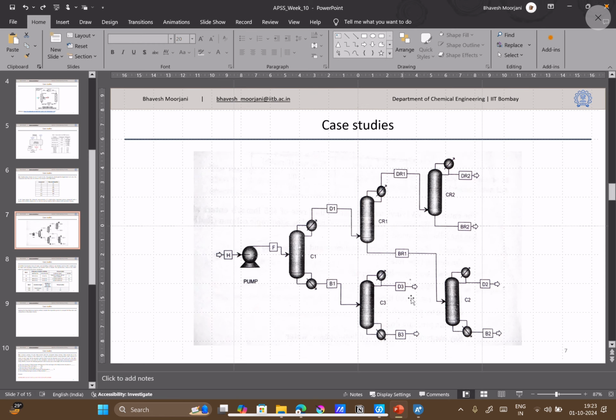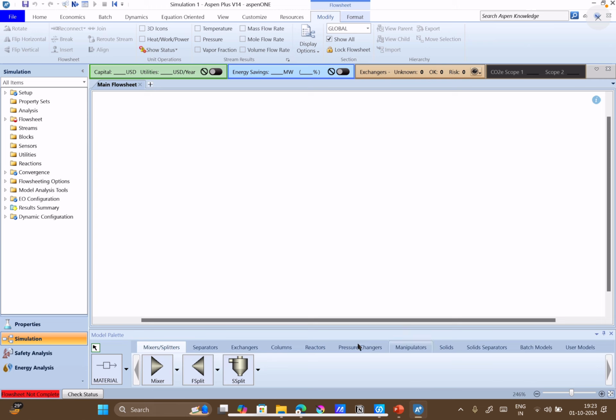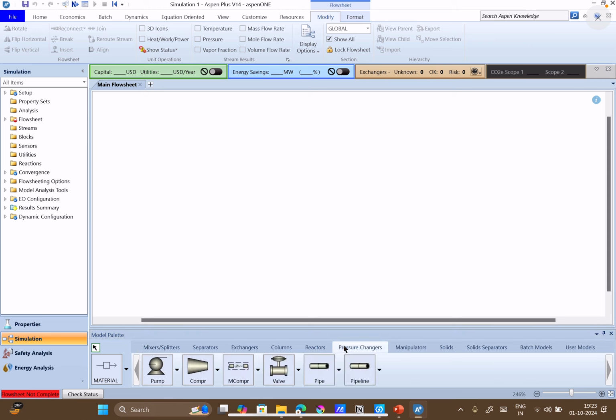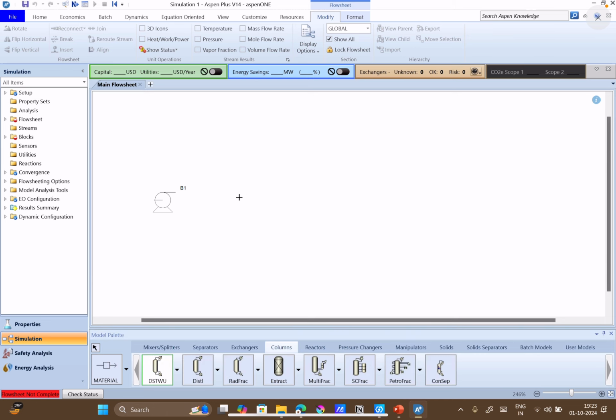Okay, so this is the flowsheet that has been provided to us. We have first a pressure changer, a pump. From the pump, our stream will go to the first unit, which is the DSTW unit. Bottom product of that will go to another distillation unit.